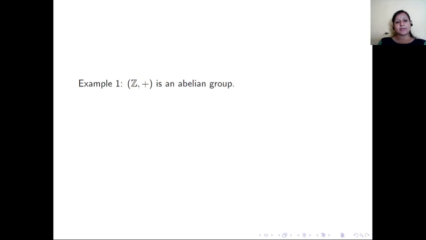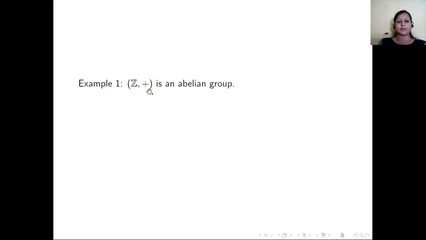Let us discuss some examples. First example is Z under addition is an abelian group. So as we have seen in the previous things, addition is a binary operation on Z, because if we add any two integers, result is again an integer.